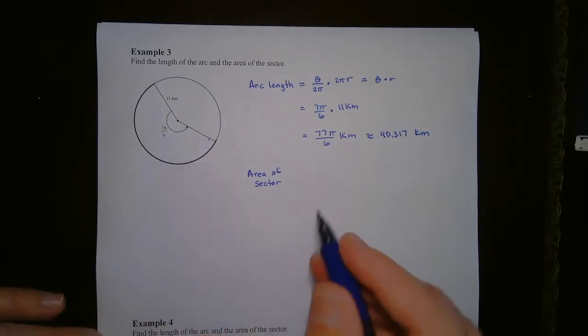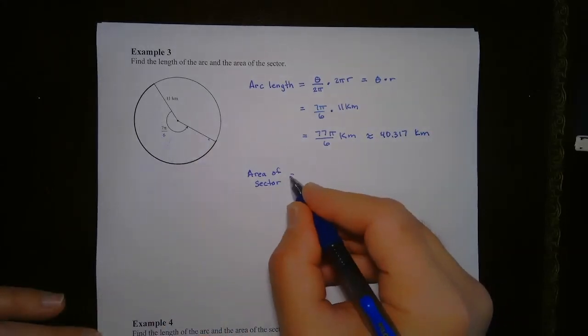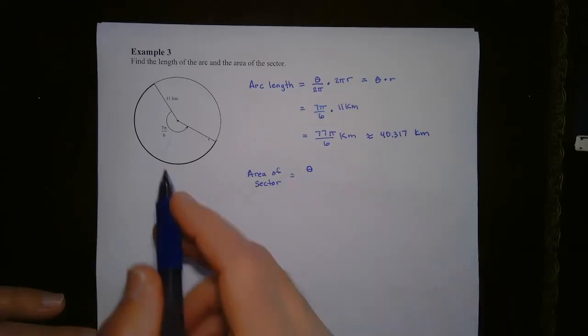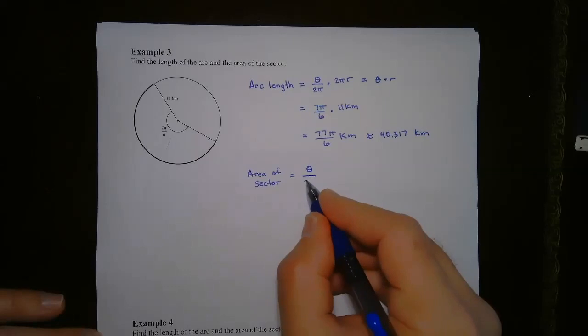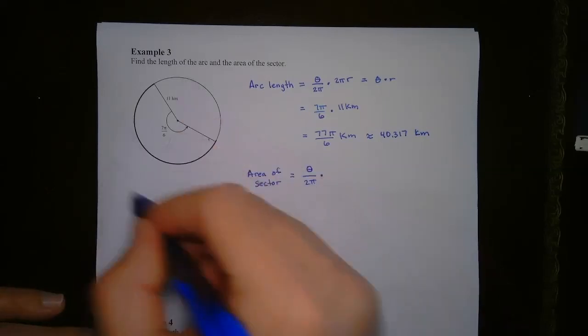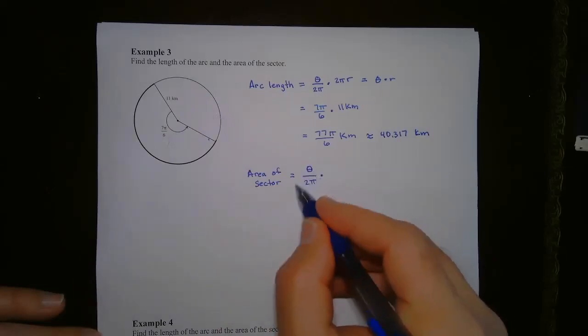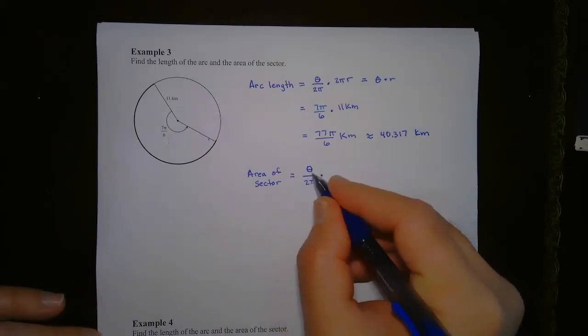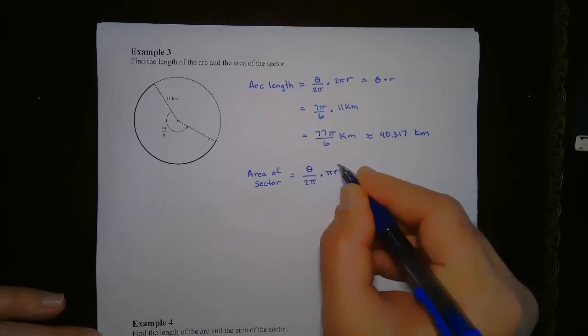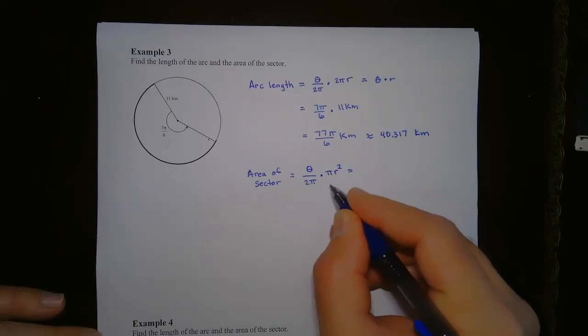So how do you find the area of the sector? Well, once again, it'd be the angle theta, and because we're in radians, it's out of 2 pi, and then times the area of the entire circle. Because remember, this is going to give us the part of the circle, and so theta over 2 pi times pi r squared. Our pi's cancel.